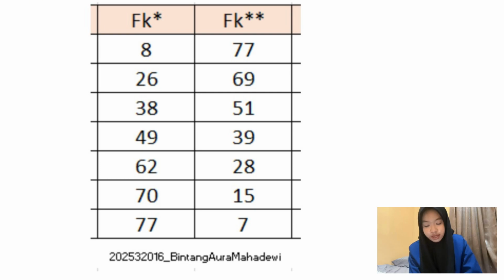The Cf value of the first class equals its own Fi. For each subsequent class, Cf is obtained by adding the current class Fi to the Cf of the preceding class. The Cf value of the final class must equal the total, which is 77.